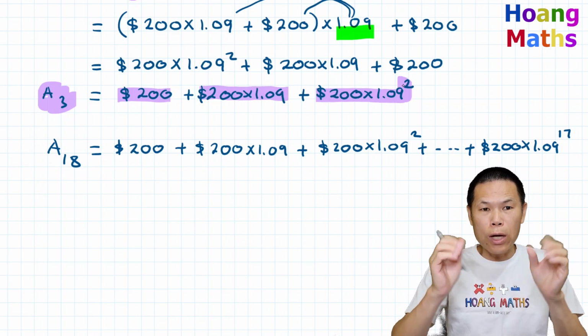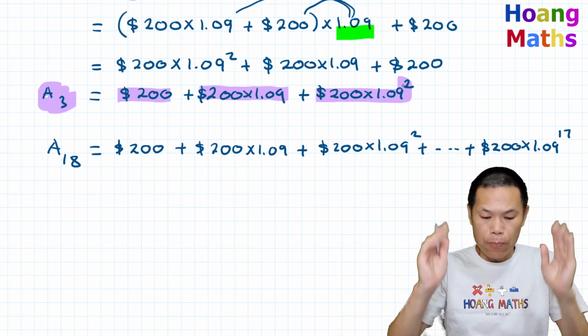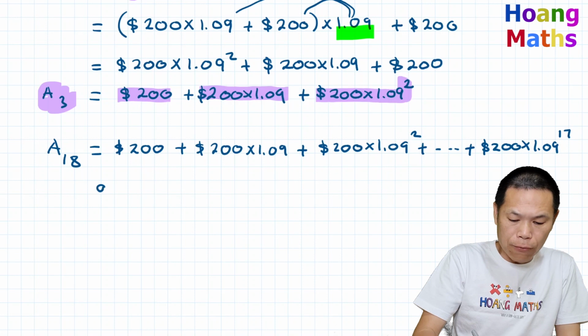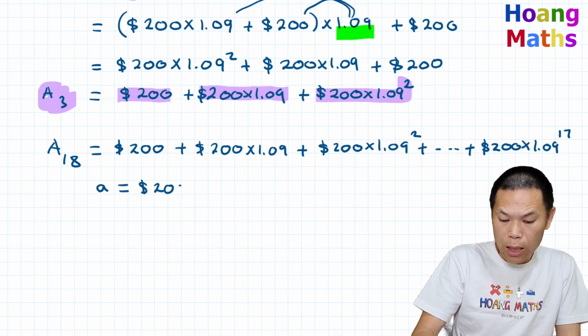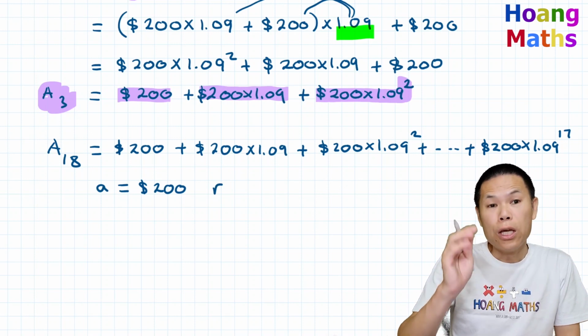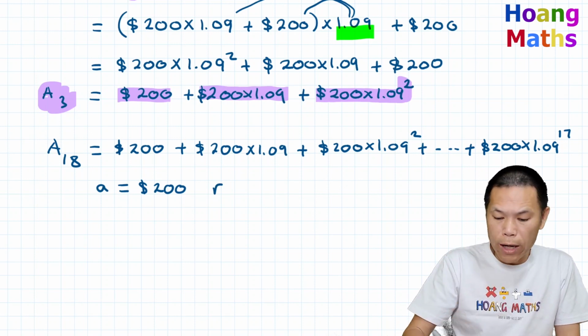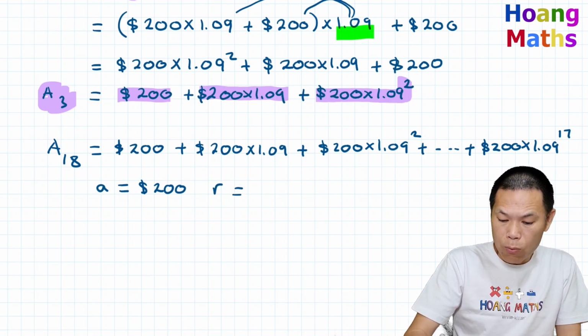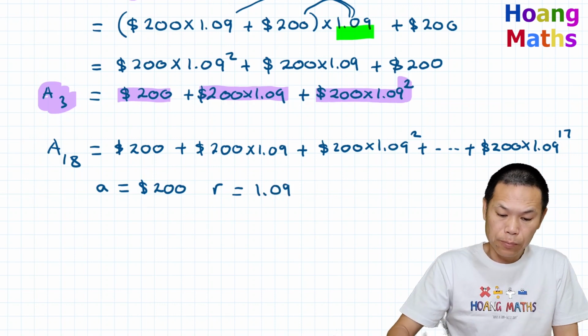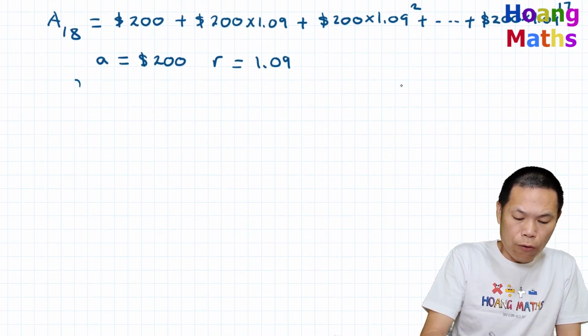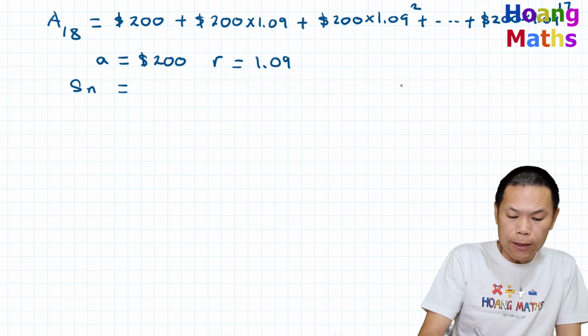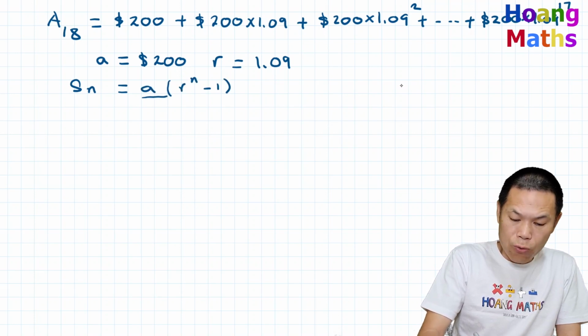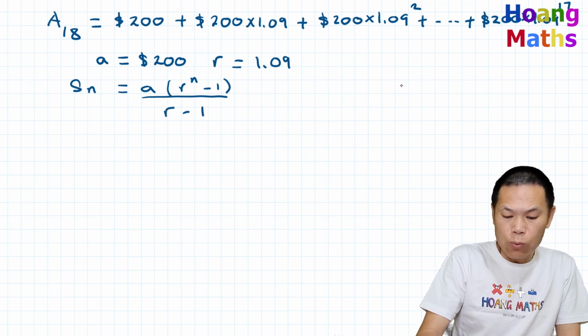So now what I do is add this series together. We know that a is the first term, which is $200, and the common ratio is term 2 over term 1, which gives me 1.09. Now we know the formula for this. S of n is a(r^n − 1)/(r − 1).